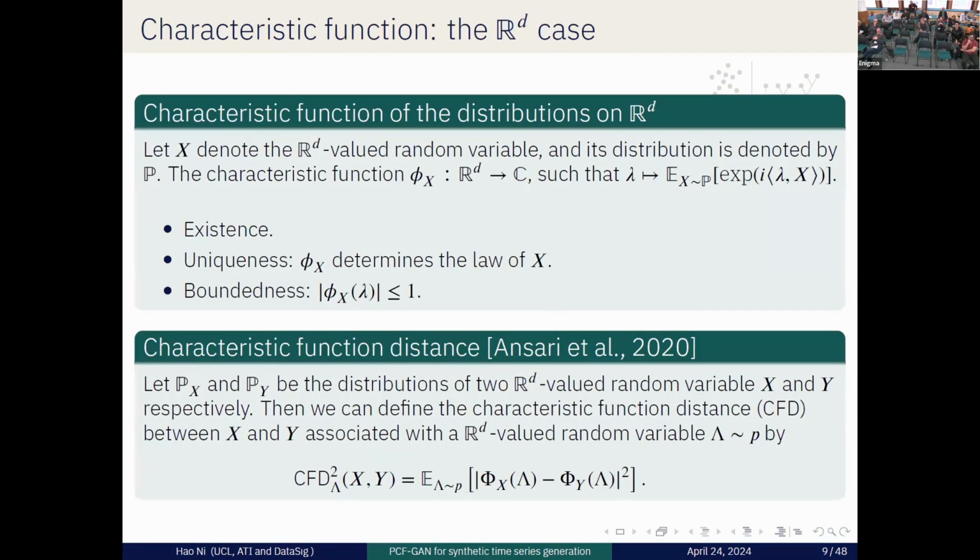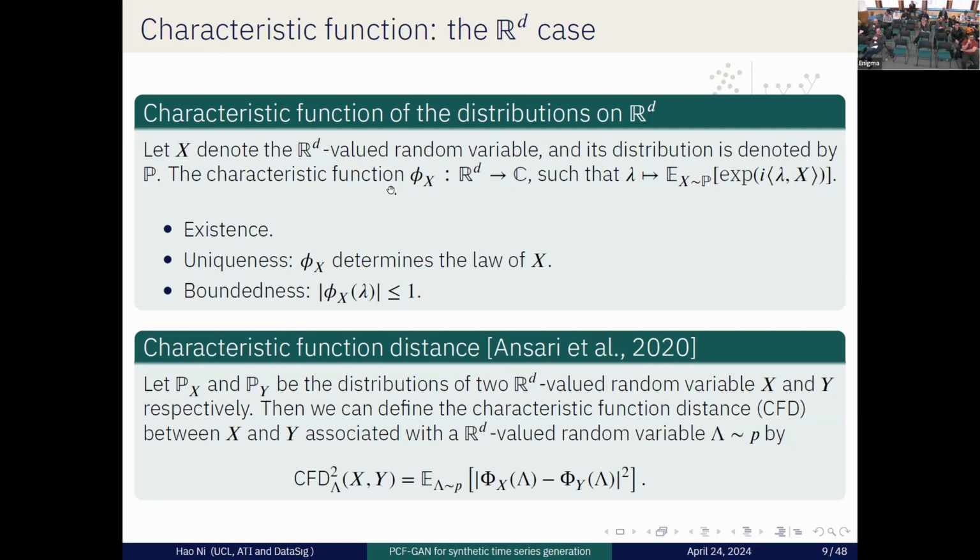Before diving into the PCF-GAN, I'd like to give a quick recap about the characteristic function-based GAN model for finite dimensional random variables. Here X denotes an R^d valued random variable, and the characteristic function is defined in the standard way.